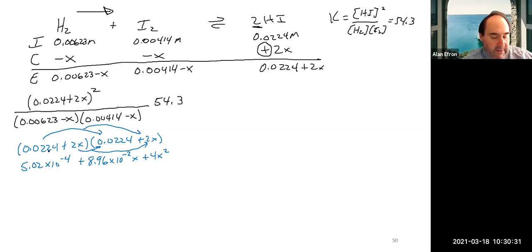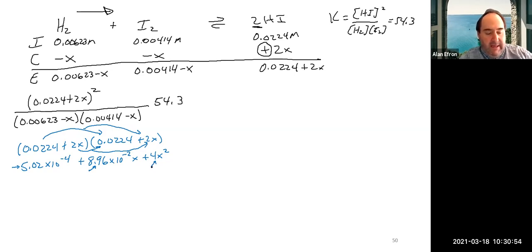So when you do the 0.0224 times 0.0224, that's where this number comes from. You take 0.0224 times 2x plus another 0.0224 times 2x, and you add it together. That's where this number comes from. And then obviously 2x times 2x gives you that number at that point.